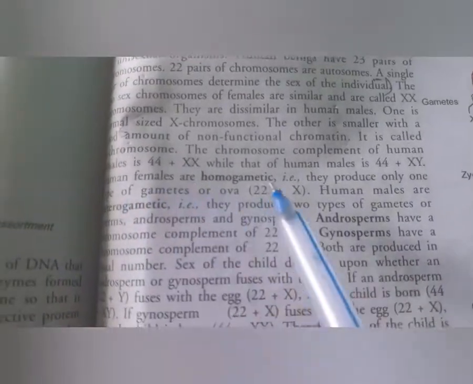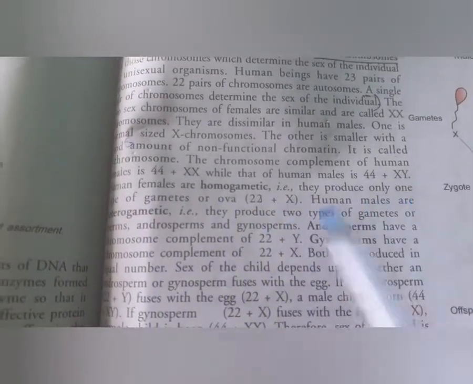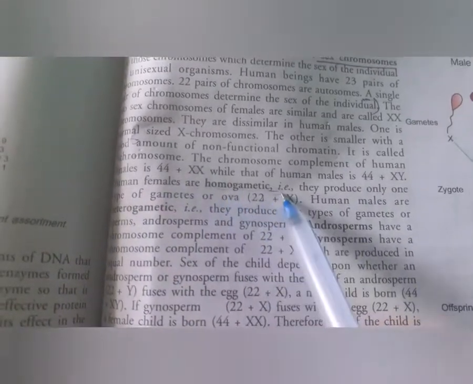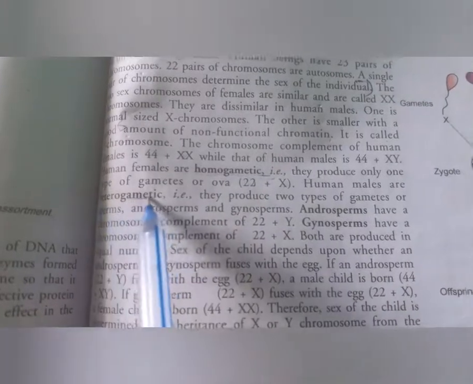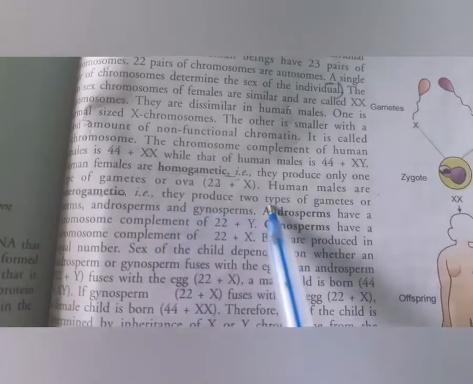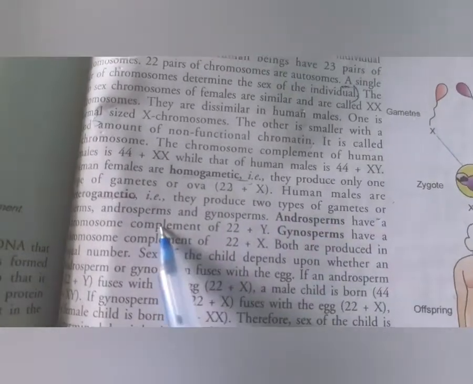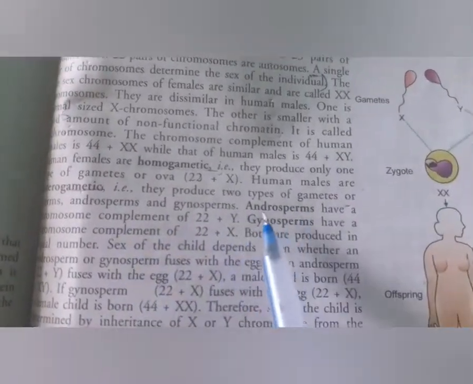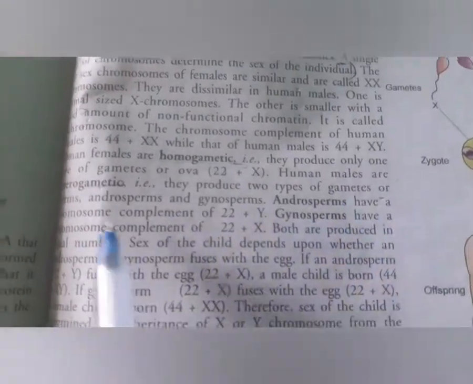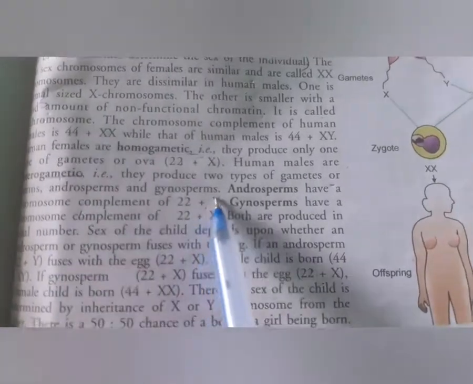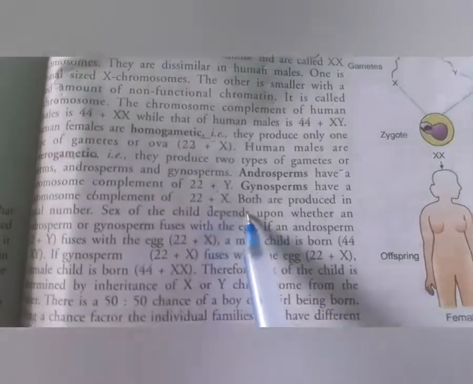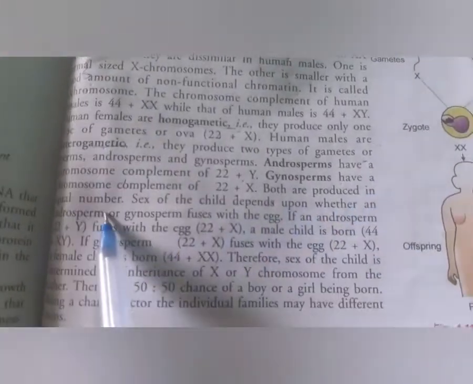Human females are homogametic, that is they produce only one type of gamete. You have to learn this definition, what is homogametic and again what is heterogametic, because human males are heterogametic because they produce two types of gametes or sperm, that is X and Y. Androsperm and gynosperm. So androsperm have a chromosome complement of 22 plus Y and gynosperm have a chromosome complement of 22 plus X. So both are produced in equal number.